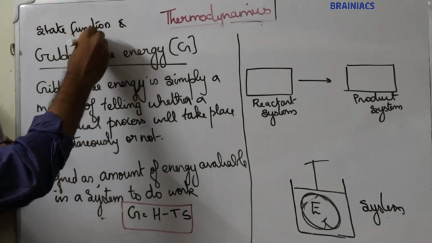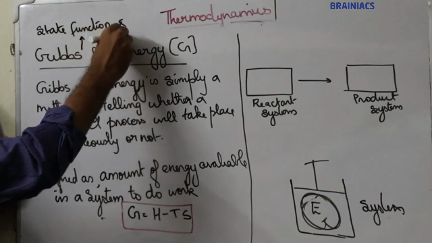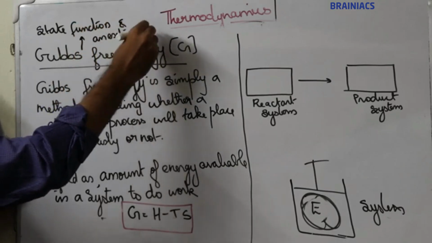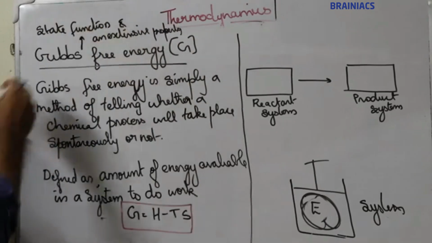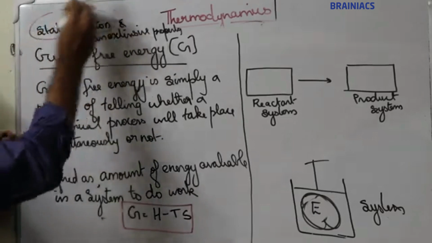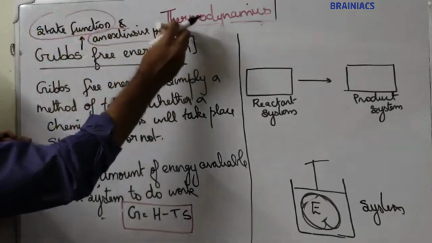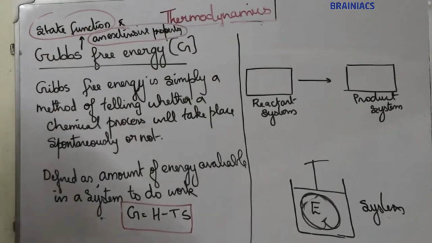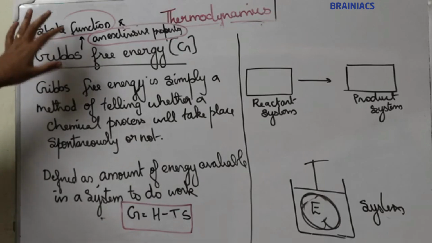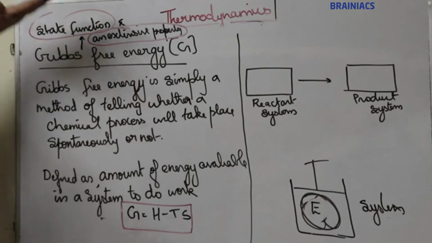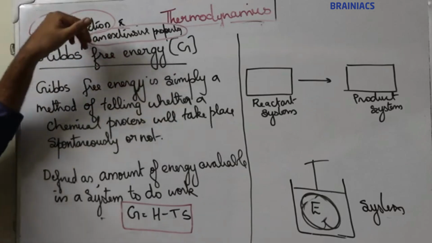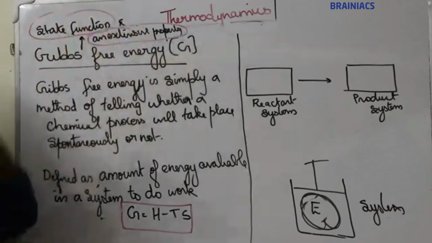We already discussed extensive properties and state functions in our introductory topics, so you can refer to them there. So, Gibbs free energy is a state function and an extensive property.